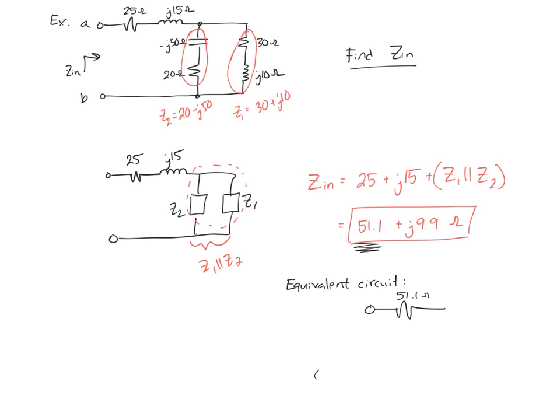And since we're summing them, it's another component in series. Noting that the imaginary element is positive, and inductors are what result in a positive impedance, we can put that as a series inductor with impedance of j9.9 ohms. So this circuit, starred here in red, behaves identically to the circuit that was in our original question.